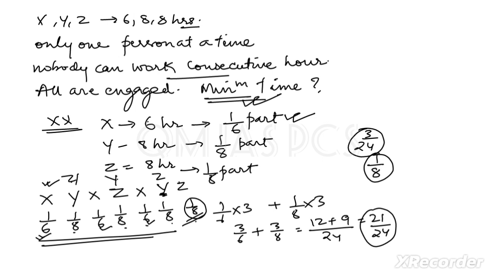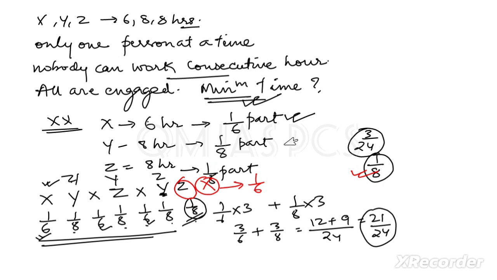So we have to find the minimum time, so we have to take X, not Z. For X it will be 1 by 6, so it is doing 1 by 6 part in 1 hour. How much time will it take to complete 1 by 8 part?